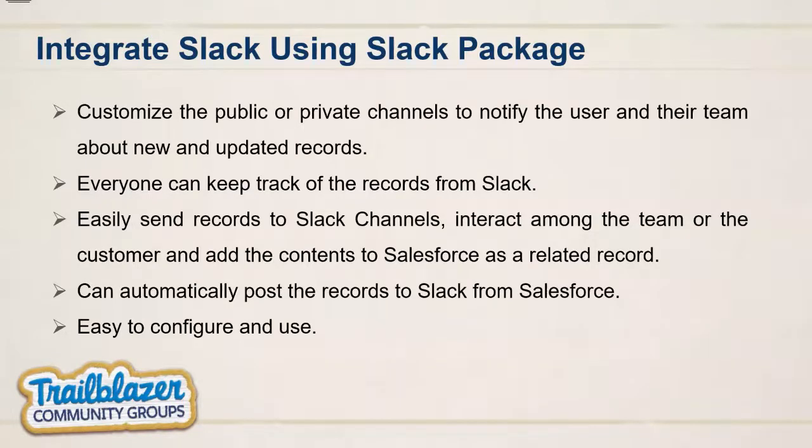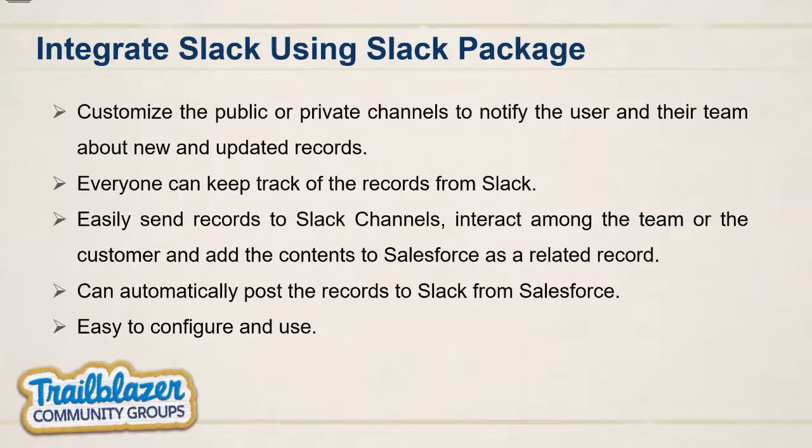The first way is using AppExchange. This AppExchange product is provided by Salesforce. By installing it, we can post our records from Salesforce to Slack and automate the process. If any record is created or updated in Salesforce, we can post the record to Slack.